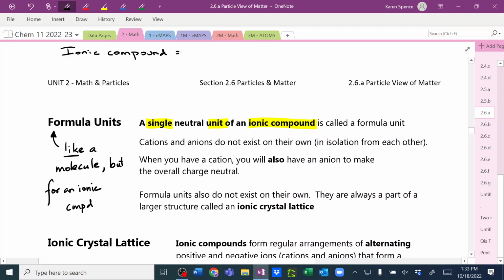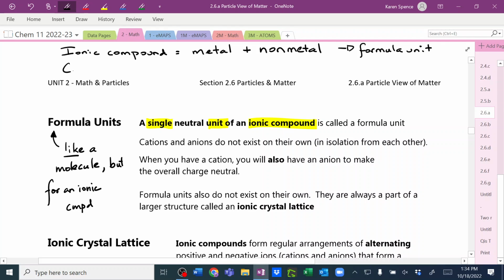When you have an ionic compound, what is it made of? What types of elements is an ionic compound made of? The two main types: nonmetals and metals. So it's a metal plus nonmetal, and when you put those together, you get a formula unit.